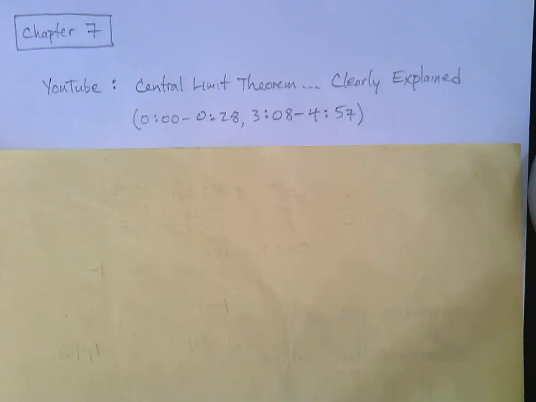So the mean of all means is the same as the original mean. But you notice what we divide by is different. We're dividing by sigma sub x bar. But sigma sub x bar is the original sigma over the square root of n, the square root of the sample size. Okay, finally, this is all still probably very confusing.